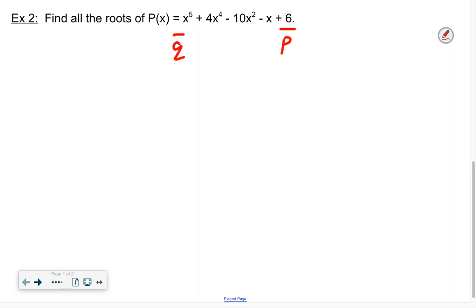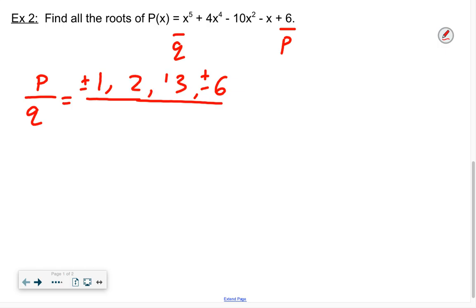And how did we set this up again? Well, it was all the factors of P over all the factors of Q, right? Factors of P are 1 and 6. Remember, we have the whole plus or minus thing going on. 2 and 3.